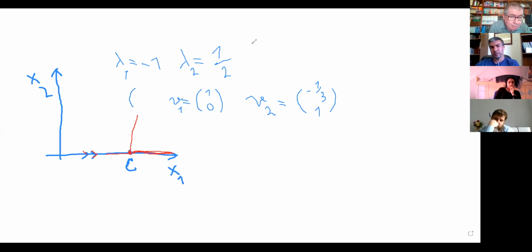So draw the vector V2. Where is V2? V2 is like this one. Sorry, let me just do it again. I made mistakes here, so with the other color, I will do it. The vector is minus 1/3, which is this direction.